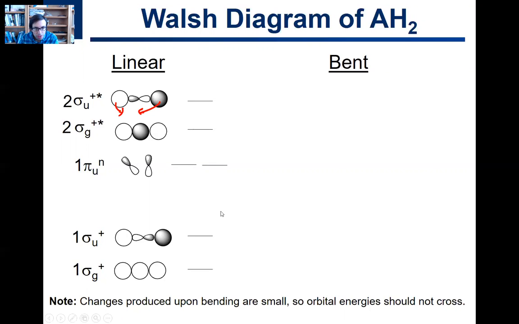In other words, this top orbital is still going to be this top orbital, and this bottom orbital is still going to be this bottom orbital, etc. That's unless you have some additional information experimentally or given to you in the problem. Assume that the orbitals do not change positions.